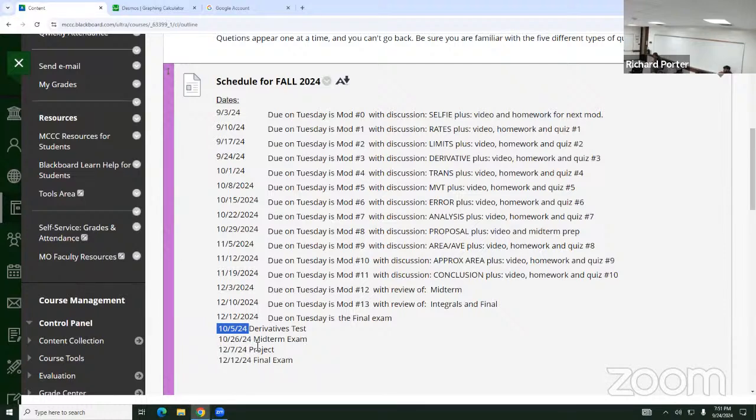It's not multiple choice, but it's check all that apply. So if it's chain and power, you have to click chain and power. If you only click chain and not power, you definitely will lose points. And if you say chain and power and quotient and it's only chain and power, you also lose points for saying too many things. So be careful about those.